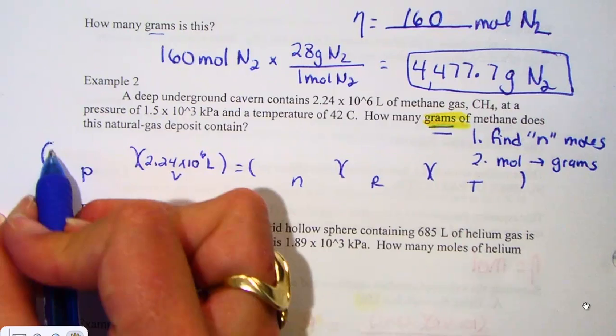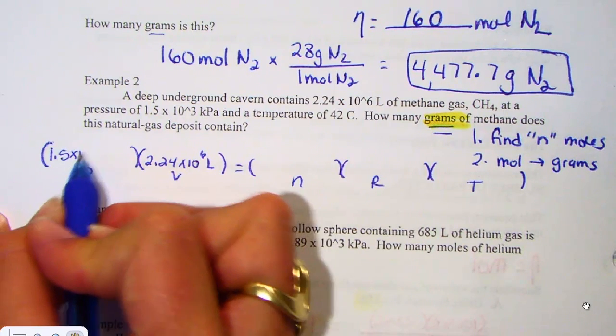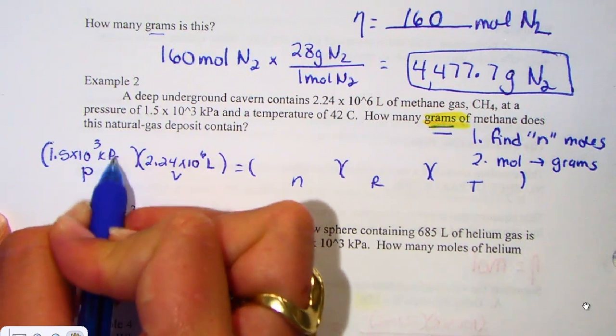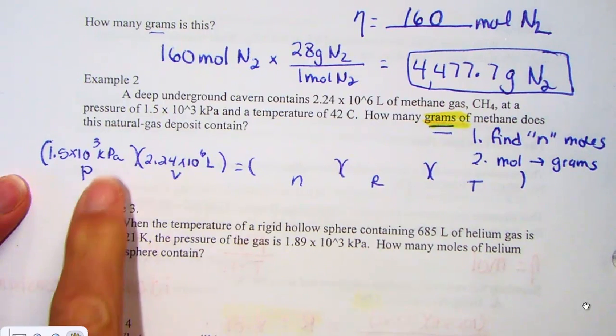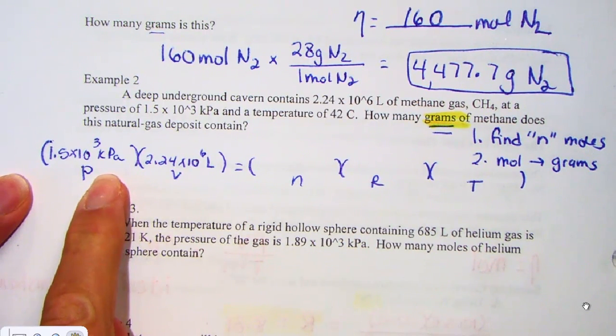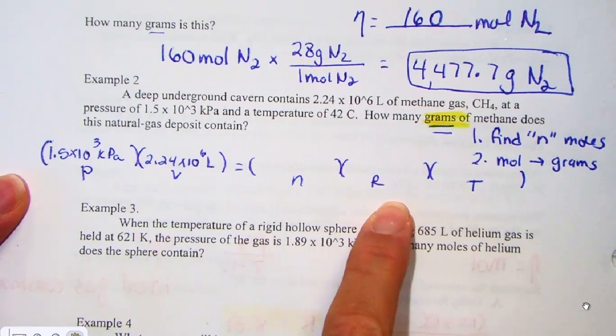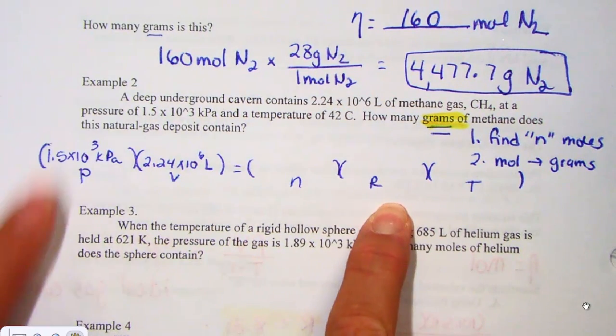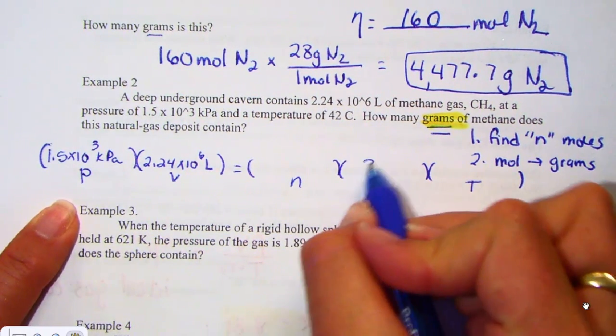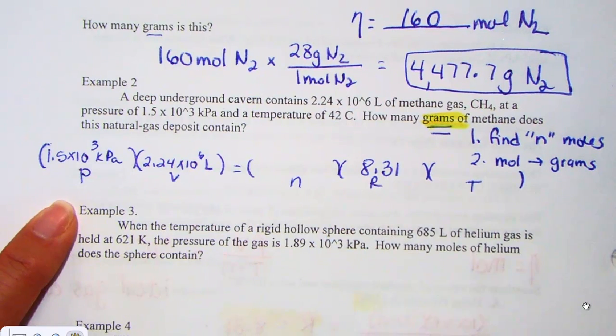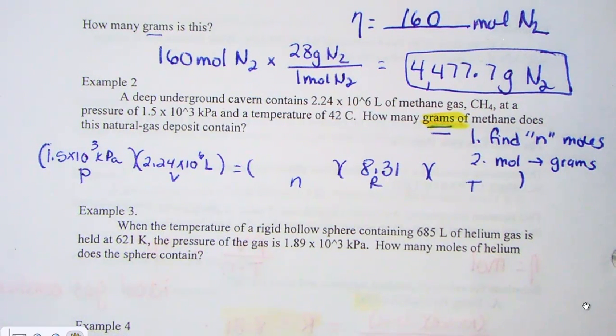The pressure, 1.5 times 10 cubed kPa, kilopascals. And while I have the kPa unit, that also tells me the value for R. It happens to be the same as up above. With kilopascals, I have to match that R constant to the 8.31 value.